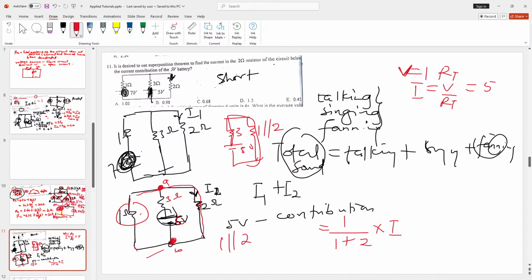1 connected in parallel with 2 is 1 times 2 over 1 plus 2, which is what? 2 over 3. Now, in series with this 3 here, so plus 3, we are going to have what? 11 over 3. 11 over 3, that is the total resistance.